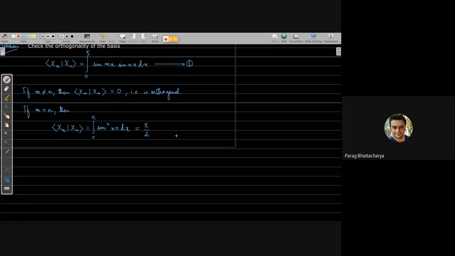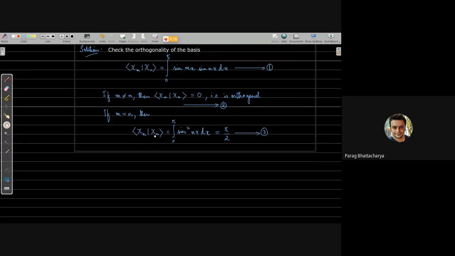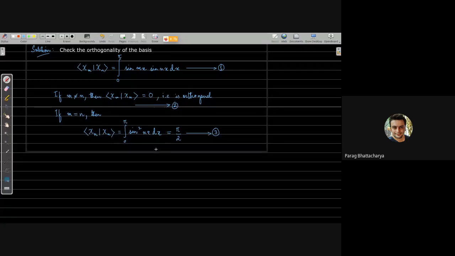Okay, so let's give some numbers. The fact that this is equal to 0, we'll call equation number 2, and this one we'll call equation number 3. So what does equation number 3 imply? When m and n are both equal, this is not equal to 1.